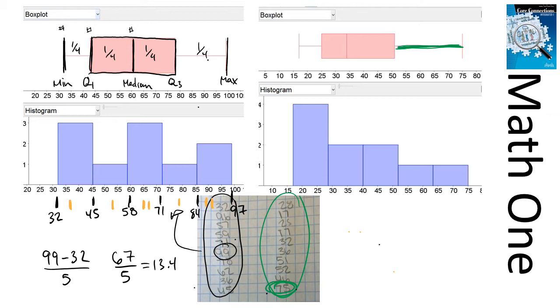Then a 62, which looks like it's in this bin. Then a 36, which looks like it's in this bin. Then I got a 45, which, geez, that's tough. Just looking at how my data went up above from the one that GeoGebra created, I'm going to throw that last one in here. So what happens now is I'm looking at my data and trying to roughly figure out where these values go in terms of the 5 bins I've created.